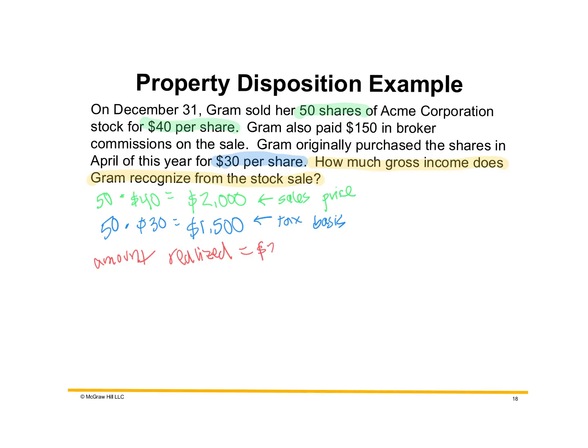So that was the $2,000. And then in this particular problem, the fact pattern mentions that Graham paid $150 in broker commissions. And those broker commissions are considered a selling expense. So we will want to reduce our sales proceeds by those broker commissions. So $2,000 minus $150 gets us an amount realized of $1,850.